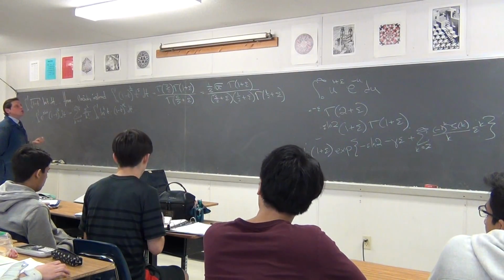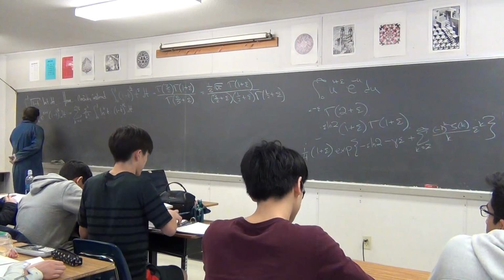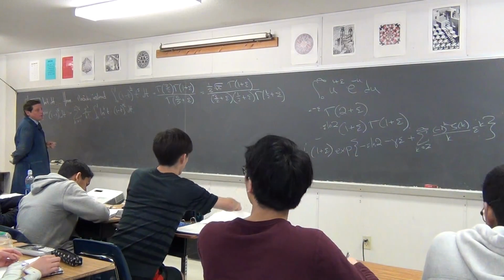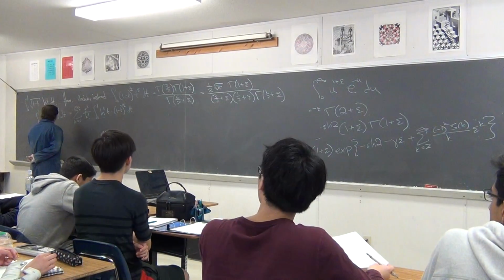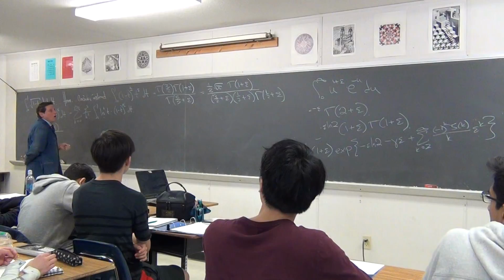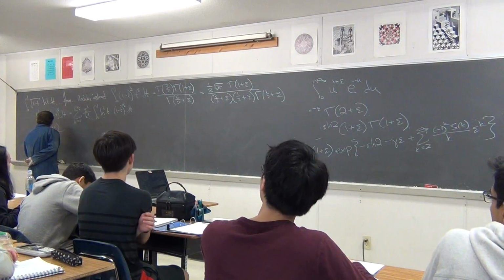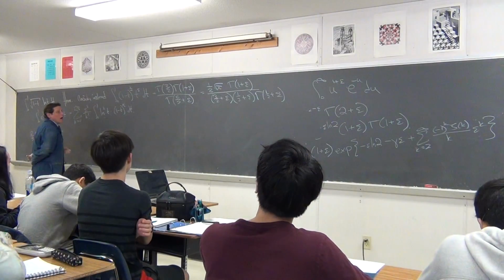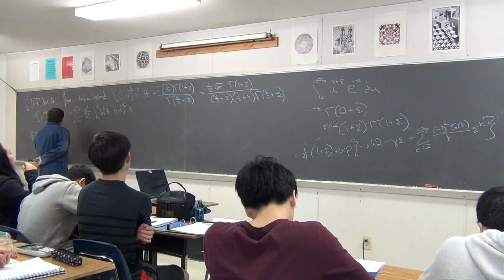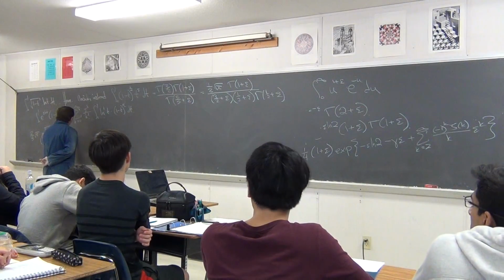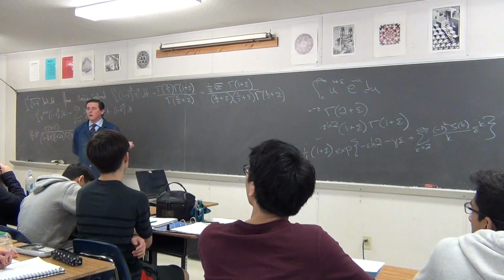I'm going to write this as 2/3 square root of pi, and then gamma of 1 plus epsilon over 1 plus 2/3 epsilon, and then 1 plus 2 epsilon, gamma of 1/2 plus epsilon.